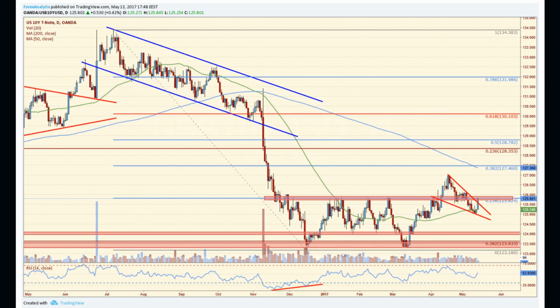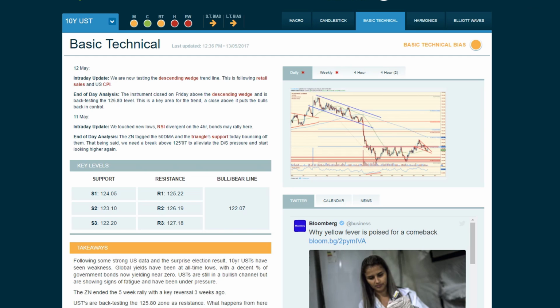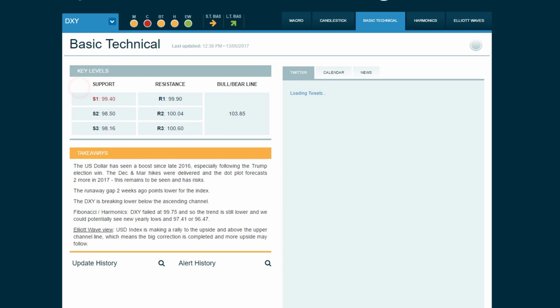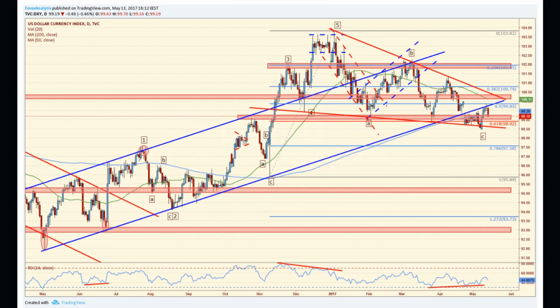Now, why is that significant to us in the currency market? Well, if you look at the dollar index, let's go over to the dollar index here. I just missed it. There it is. The dollar index had a really big pivot off the underside of this triangle formation. So we rallied, and it looked like we were going to push to new highs in the dollar index, maybe over the course of a few weeks.